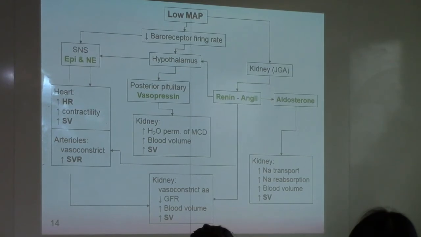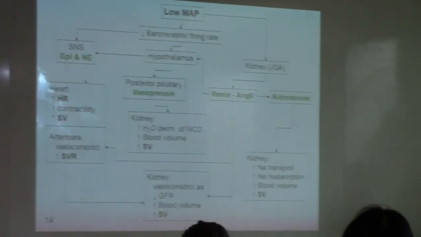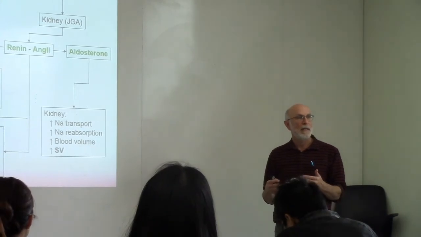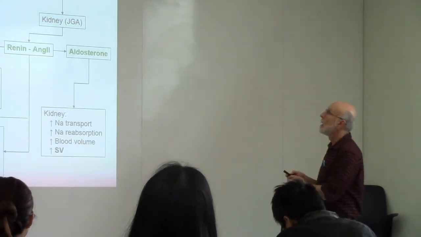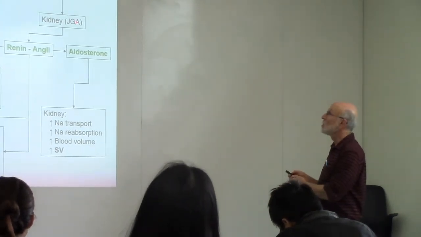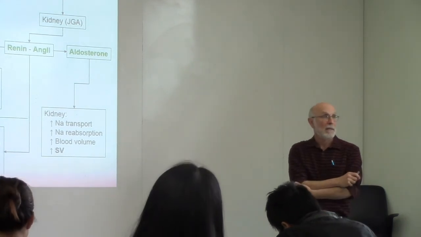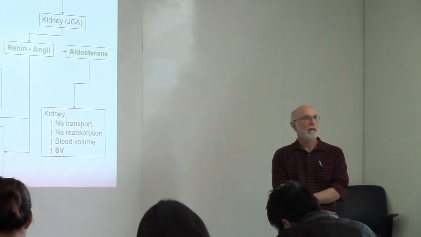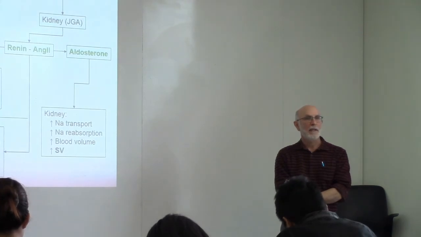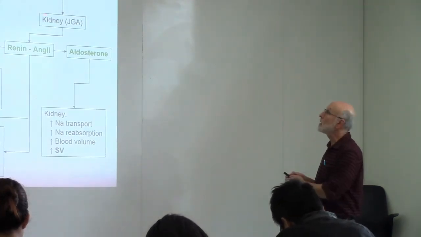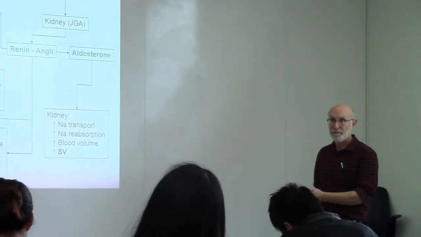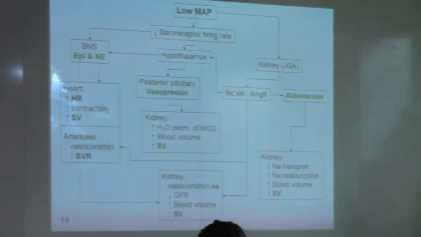Low flow in the distal tubule, low activation of complicated mechanism of the macula densa activating the juxtaglomerular apparatus. Let's not get bogged down into the paracrine signaling between the macula densa and the juxtaglomerular apparatus. The point is, the juxtaglomerular apparatus secretes what? Renin. And renin does what?